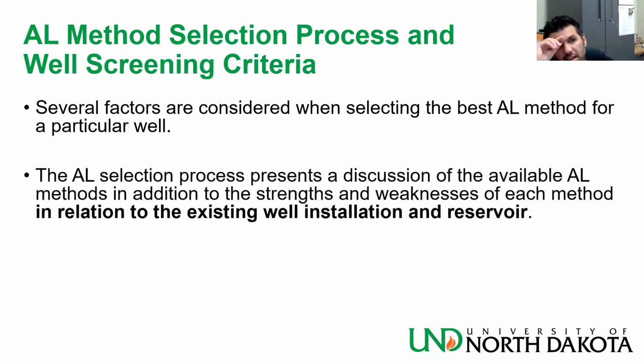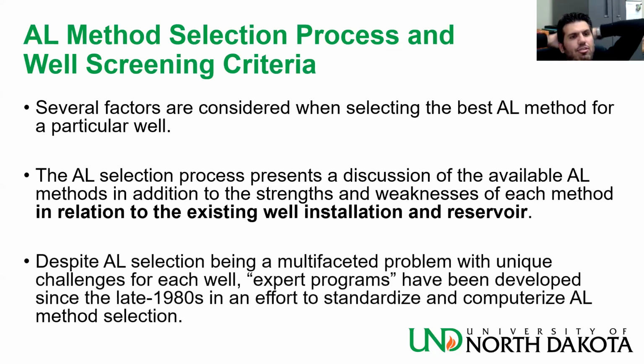The artificial lift selection process presents a discussion of the available artificial lift methods, in addition to the strengths and weaknesses of each method in relation to the existing well installation and reservoir. So it's the combo between reservoir and well, VLP and IPR curve, that dictate what artificial lift method or system you can use.